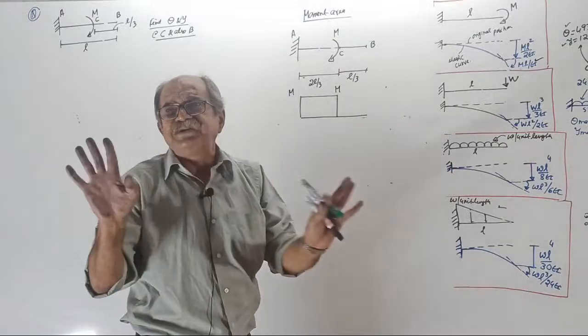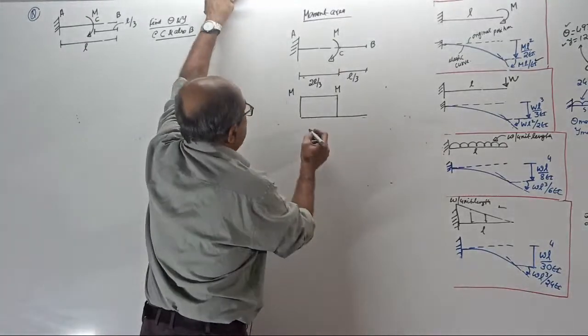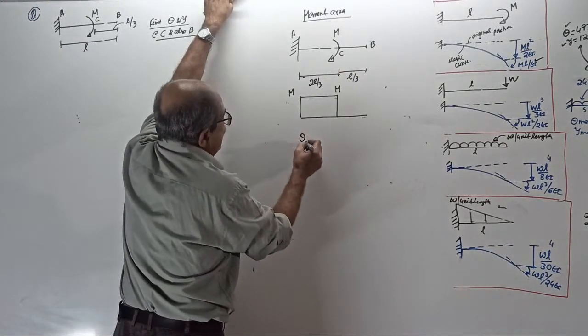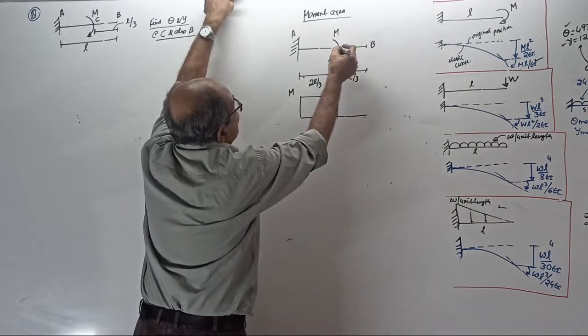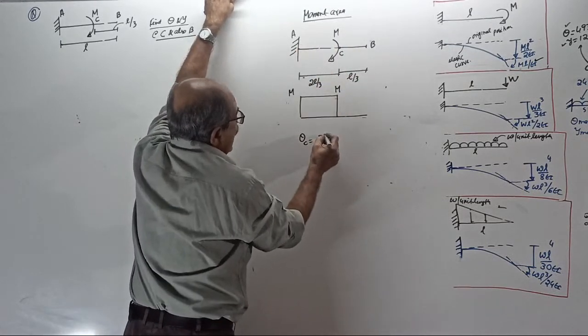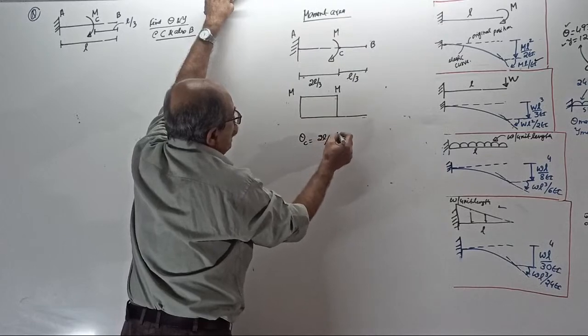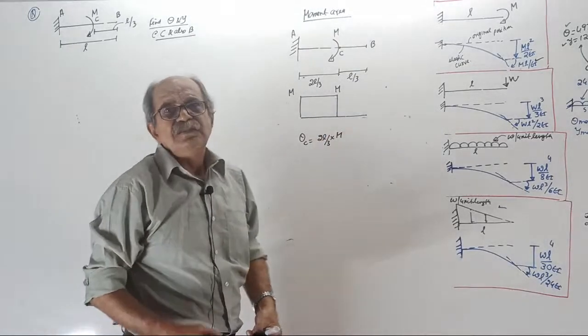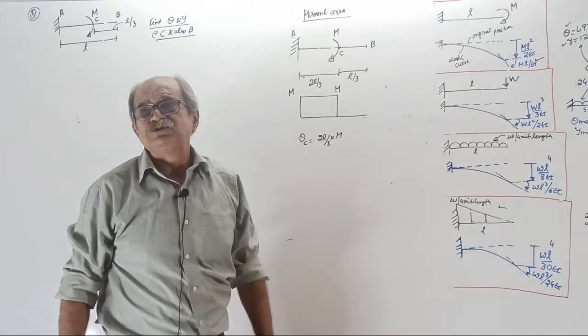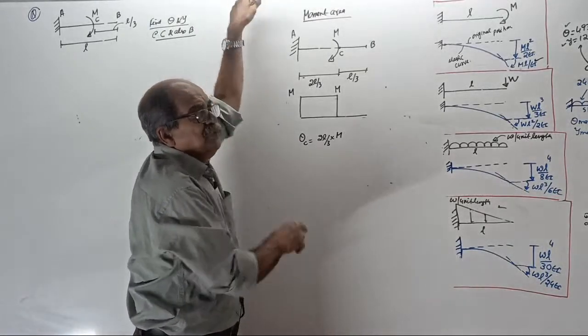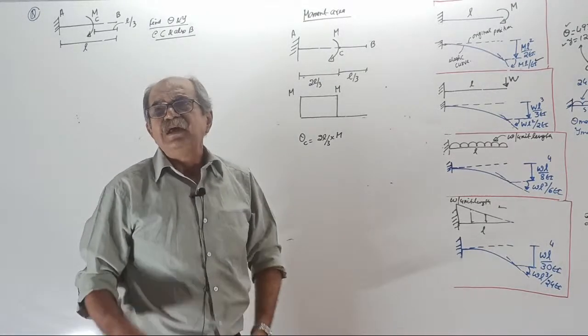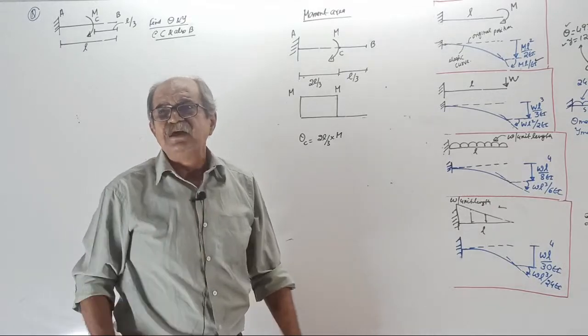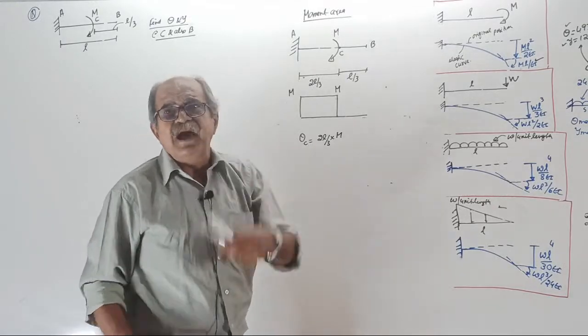I will not tell again and again. Start. Directly, theta C equal to area from C to A, 2L by 3 into M. I should now at least start to give some work for you. If you expect me to write all these things, then what are you doing all these days? Shouted class after class.